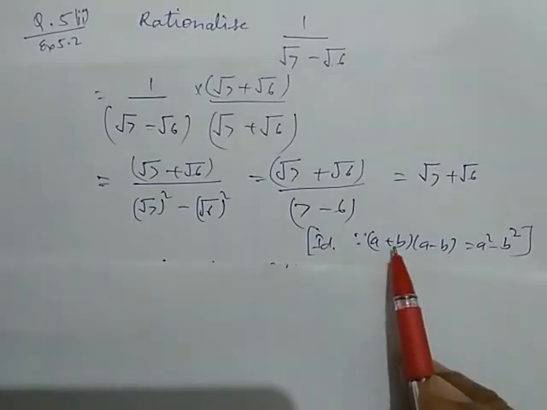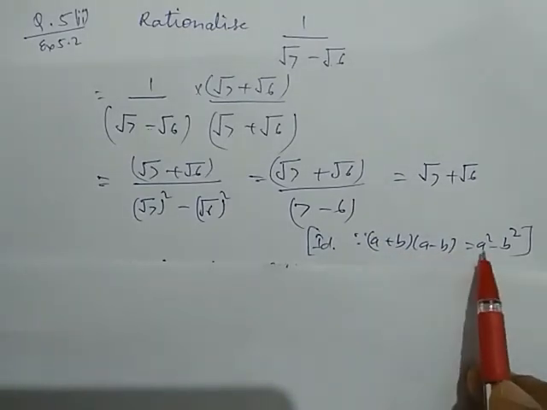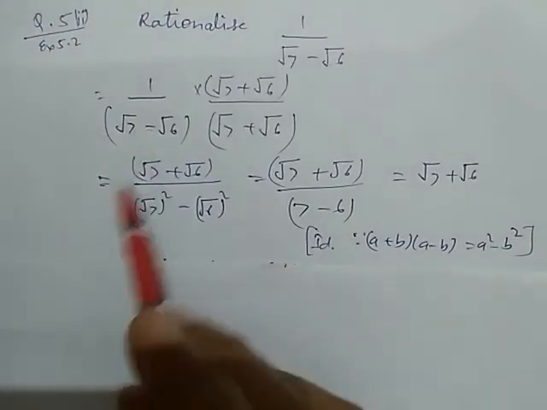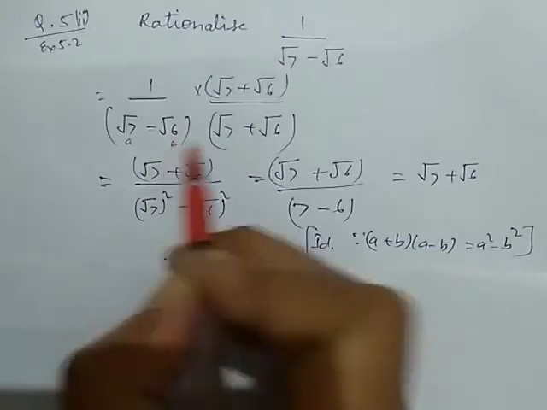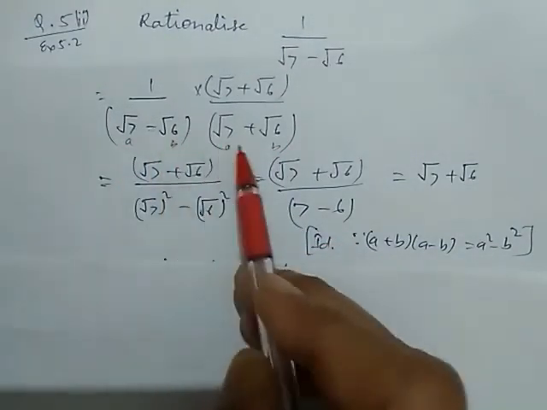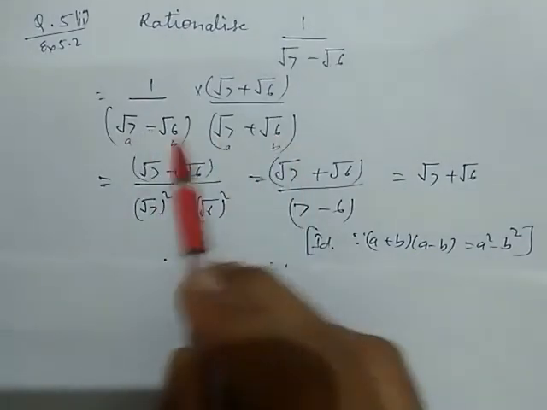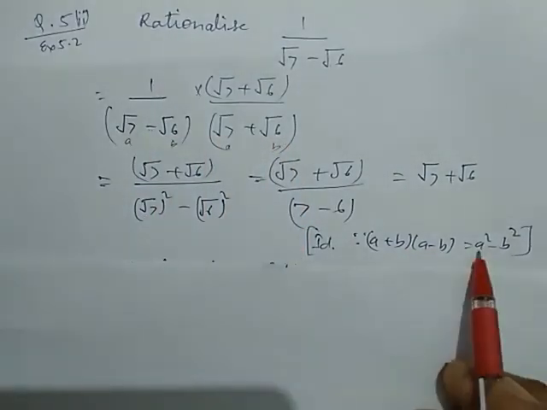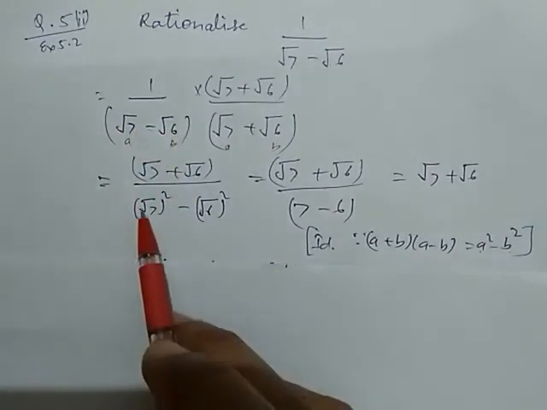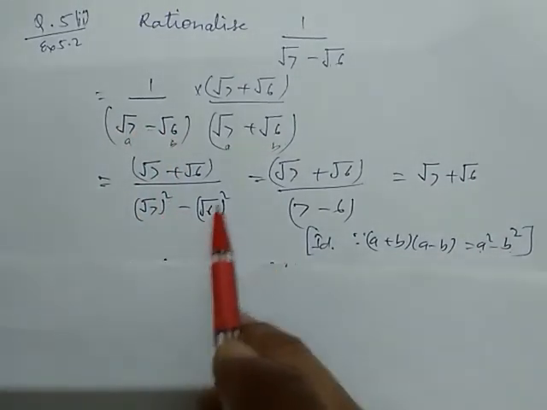If we have a plus b into a minus b, we can write a square minus b square. Here this is a, this is b, this is a, this is b. A minus b, a plus b. So by multiplying this, it becomes a square minus b square. So square of this minus square of this. Root 7 square, root 6 square.